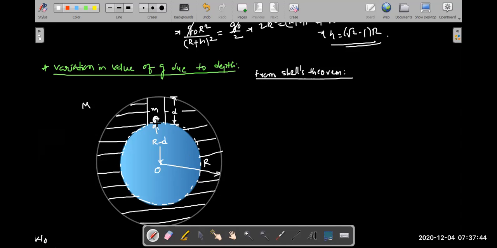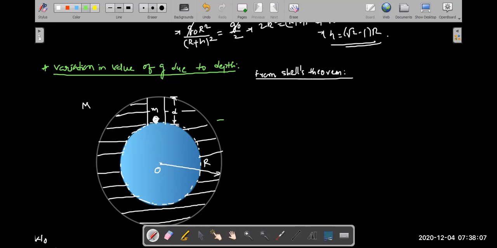So from Shell's theorem, let's say the acceleration at this point will be equal to the force acting on this, let's say this is Fg. I'll erase this one here.